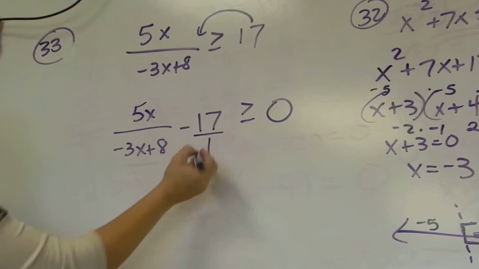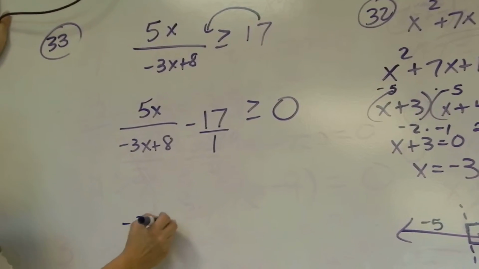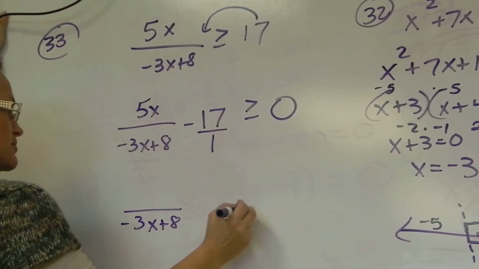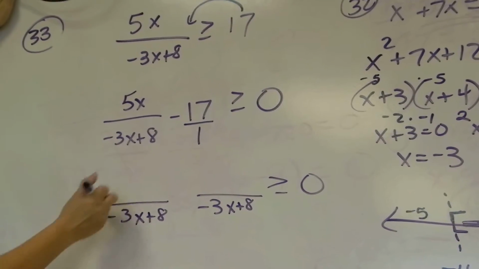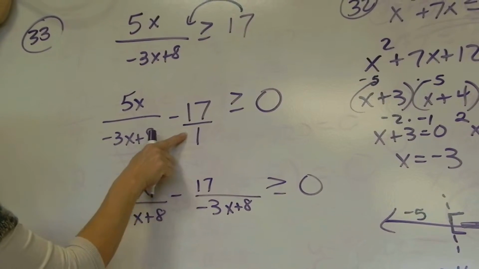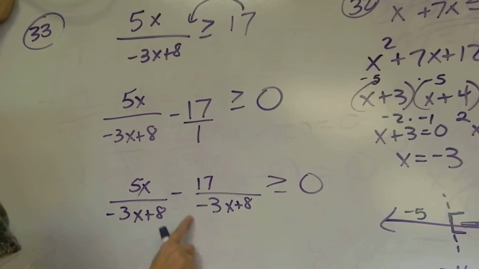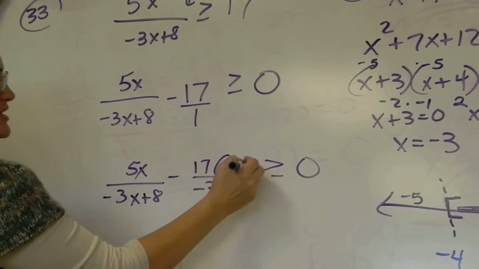So right now that is over 1. So this is the LCD I need to use. So this fraction stays as is. And this fraction is times by this extra -3x plus 8, so I times the numerator by -3x plus 8.